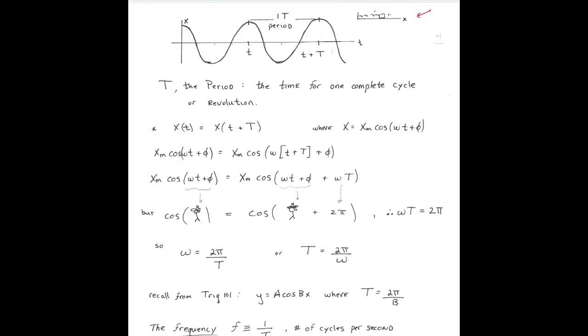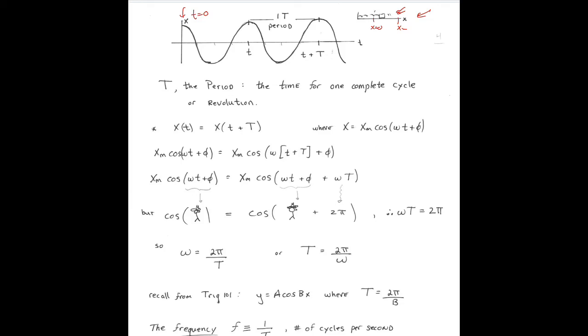Here's our oscillating system. In this picture, maybe that was the equilibrium position and someone let it go over here at x max. So at time equals 0, it starts here at the amplitude of x max. You could say this looks like a cosine.